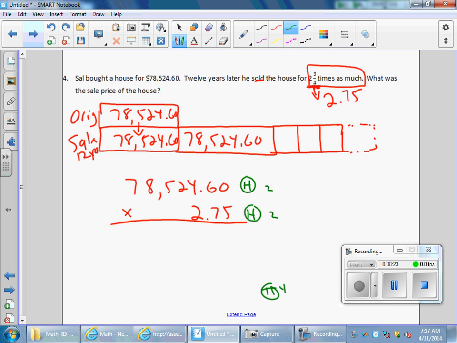Okay, let's multiply. 5 times 0, 5 times 6 is 30. 5 times 4 is 20 plus 3 is 23. 5 times 2 is 10, plus 2 is 12. 5 times 5 is 25, plus 1 is 26. 5 times 8 is 40, 42. 5 times 7 is 35, plus 4 is 39.